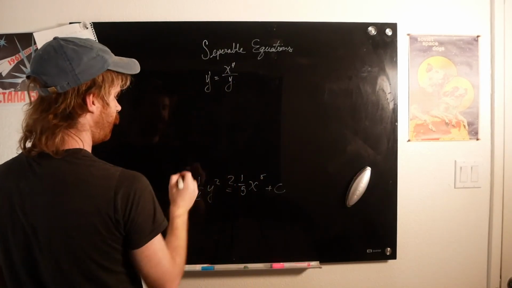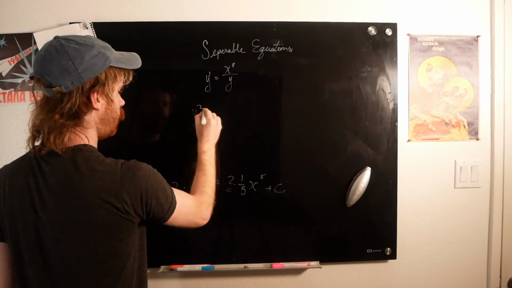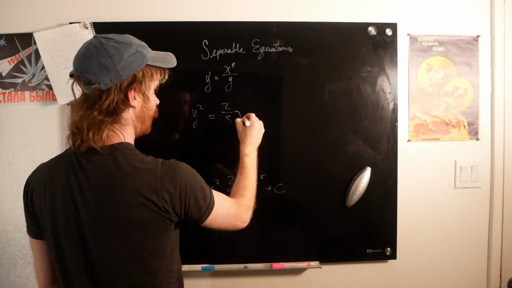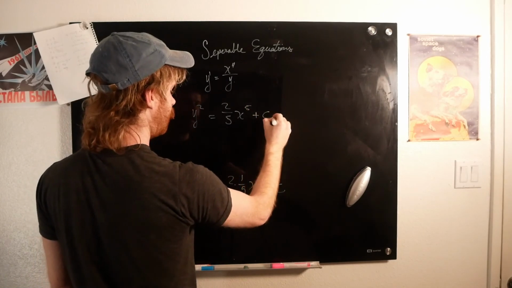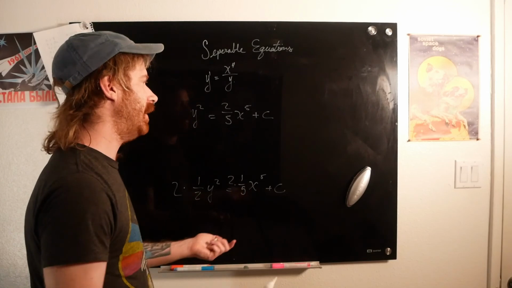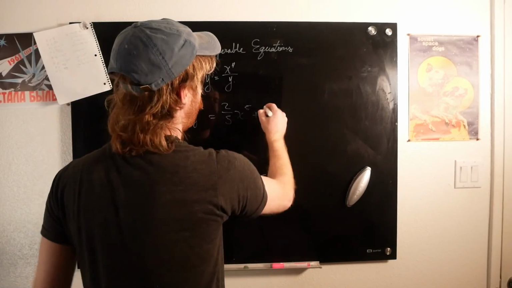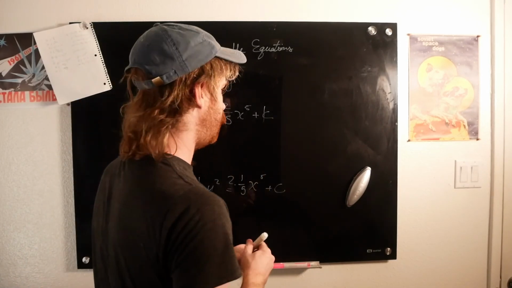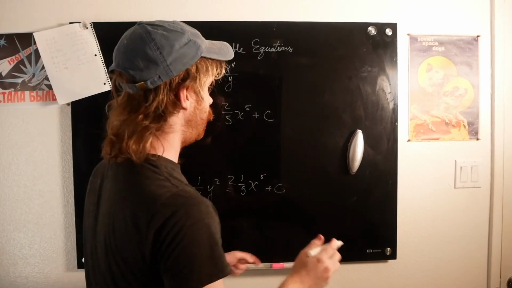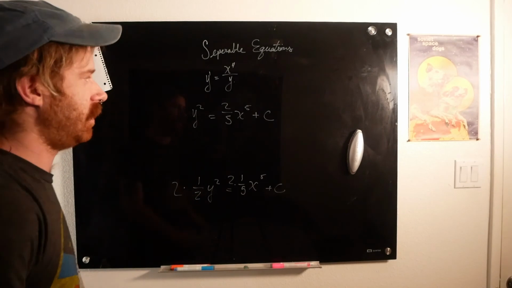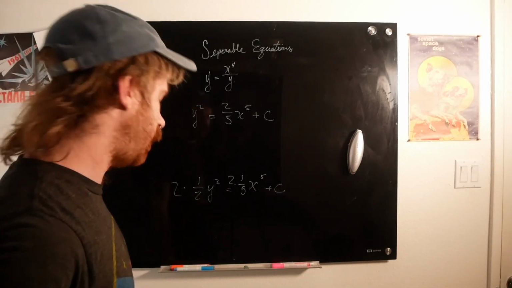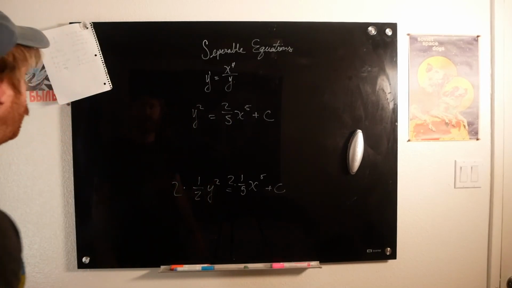So 2 over 2 is just 1, so y squared equals 2 over 5 x to the fifth plus c. Twice c, we don't know what c is, so twice c is still just going to be some constant. If you'd like, you can call it k. It's the same thing, but I just like to call it c, because in this case, we're not being specific with what c is going to be. Later on, when you have to find c, you have to start being more specific about it. But in this case, it's fine.